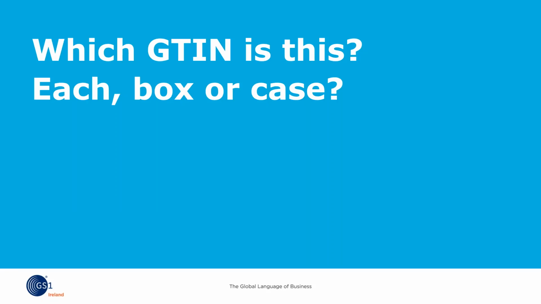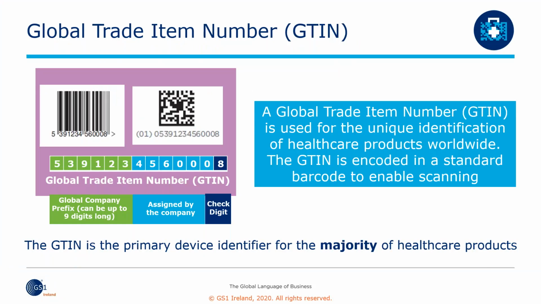So thank you, Siobhan. Just briefly, before I start talking about packaging hierarchies, I'll quickly mention that the previous webinar in this series goes into more detail on the construction of a GTIN and the types of barcodes seen in healthcare, and that this recording is available on our website for those of you who may wish to view it afterwards.